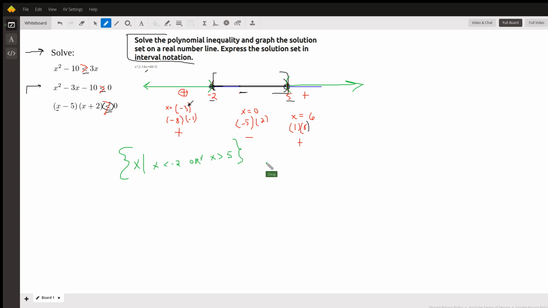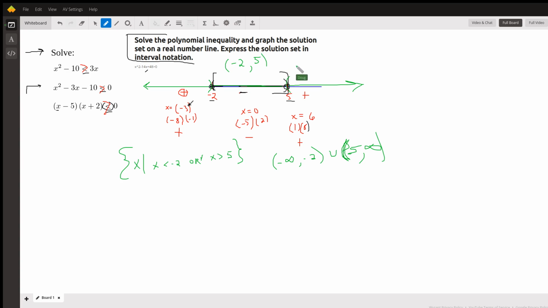Now, in interval notation, you could say from negative infinity to negative 2, that's supposed to be a right parenthesis, or from 5 to infinity. Okay, for this region right in here, you could just say from negative 2 to 5.